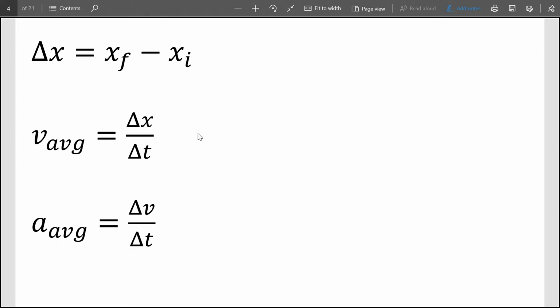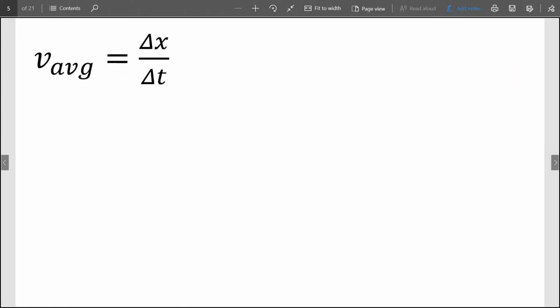What I want to start with in this presentation is taking a deeper look at this equation right here. So I've got average velocity is displacement over time. So there it is. And what I'm going to do is just some simple algebra. I'm going to take this t term and I'm going to move it to the other side. So I'm going to express this, basically solve this for delta x, for displacement.